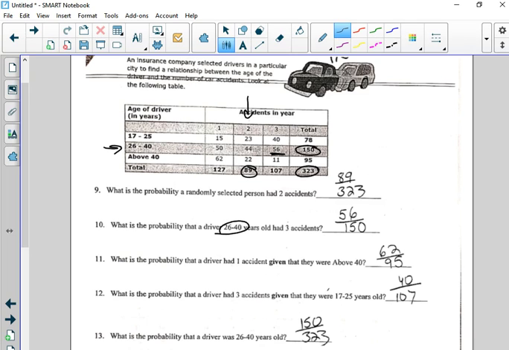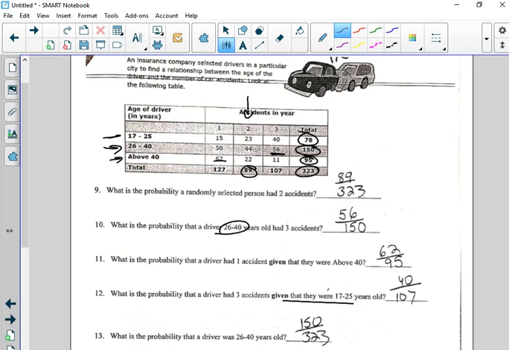What's the probability a driver had 1 accident given they were above 40? Well, above 40 means this is my denominator. 95. 1 accident, 62 over 95. Given they were 17 to 25. Well, given means that's my denominator. That's the wrong thing.